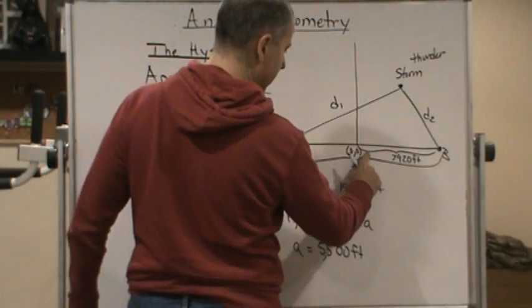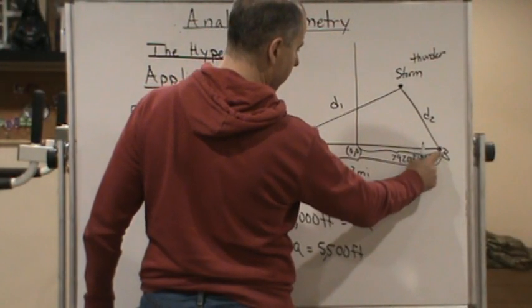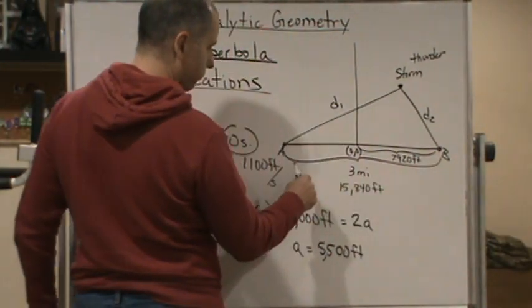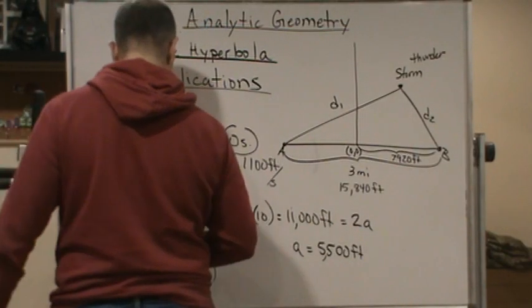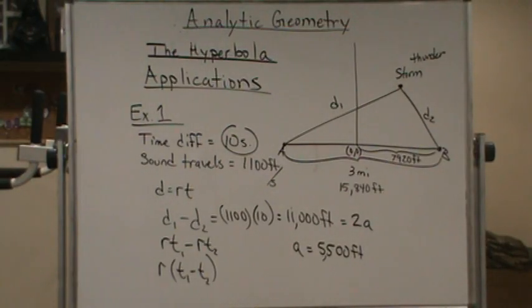So this is c, the distance from the center to one of the foci, right? I think that's what they want us to do.